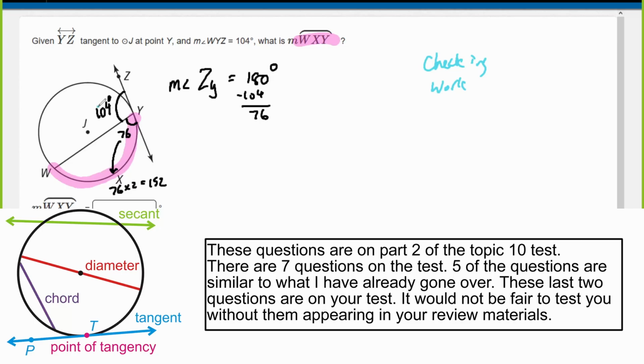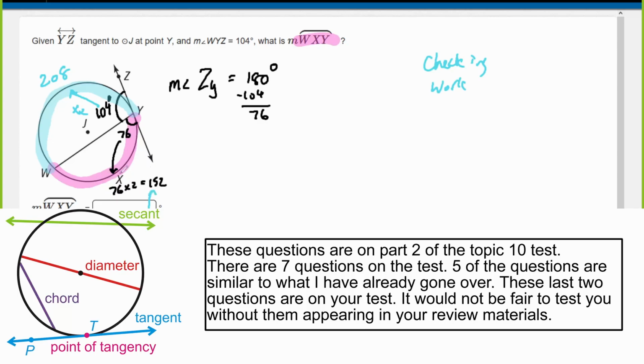That means if I double it, I get the measure of this arc from here to here. So 104 times 2 is 208. And then I can subtract 208 from 360 to find this purple arc. This leaves me with 152, which I have here already.